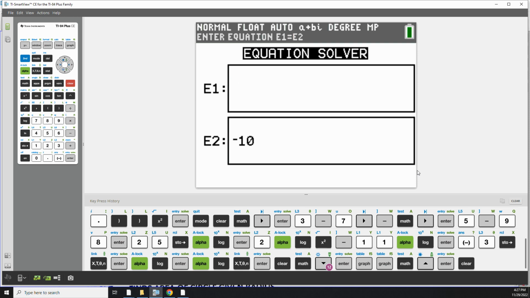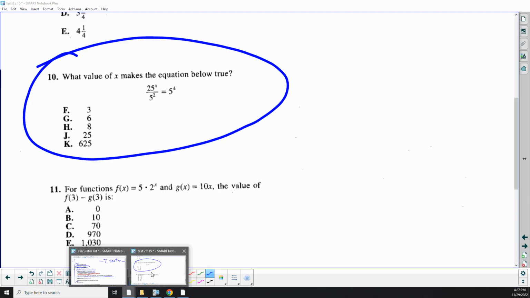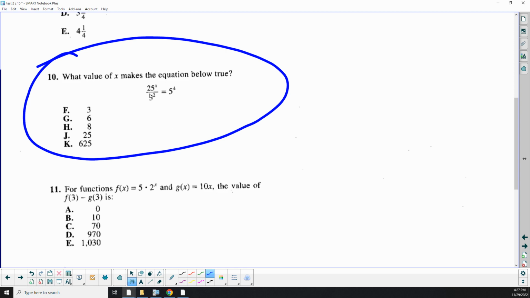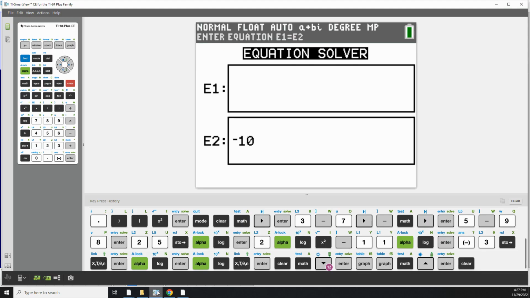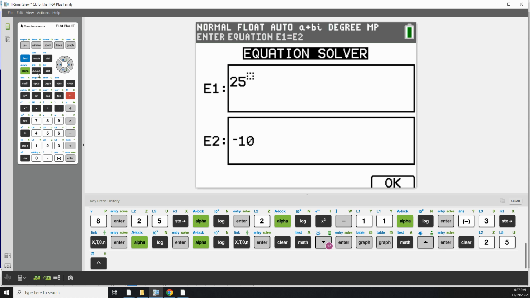If you don't mind, I'll just finish that problem anyway. It was number 10, and it goes 25 to the x over 5 squared. So what do you type over here? 25 caret x, get down, divided by 5 squared.